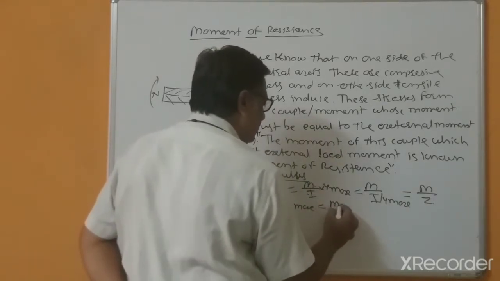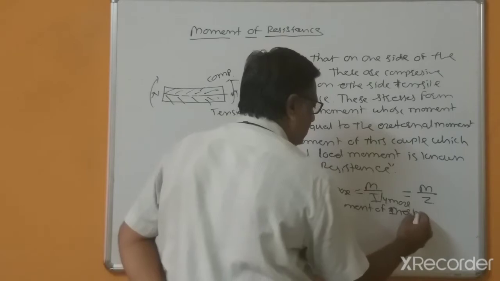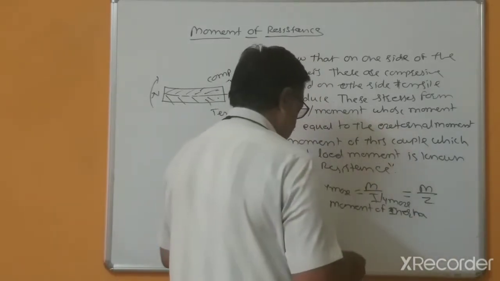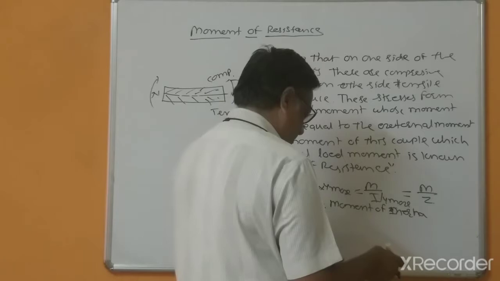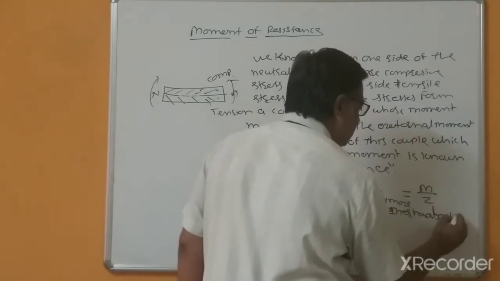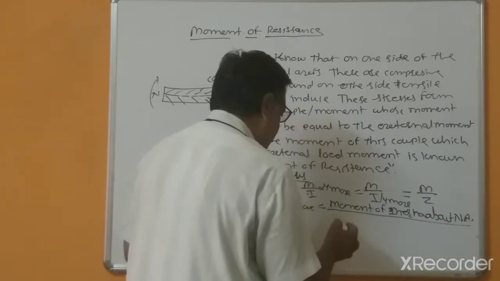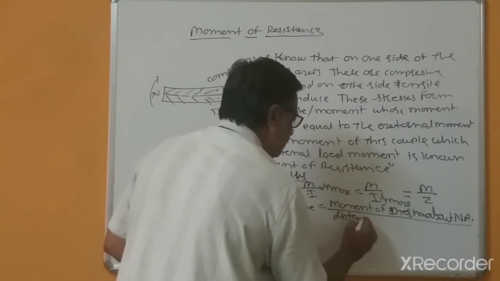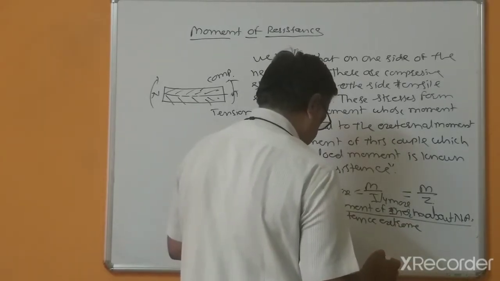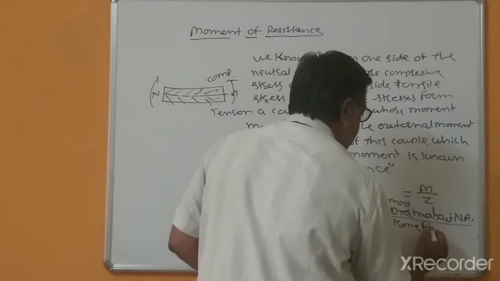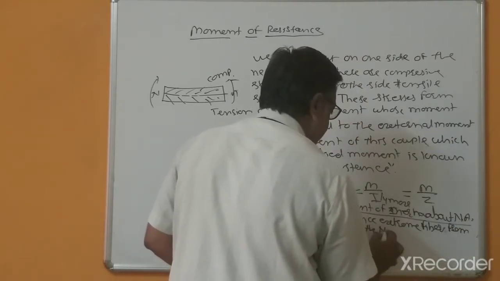Here I is the moment of inertia about the neutral axis, divided by the distance of the extreme fiber from the neutral axis.